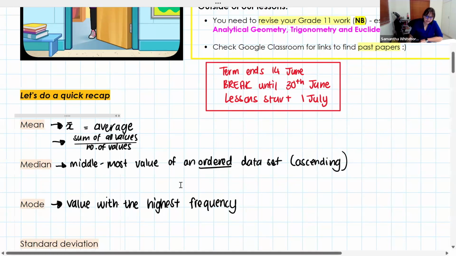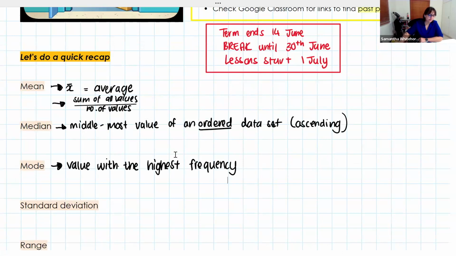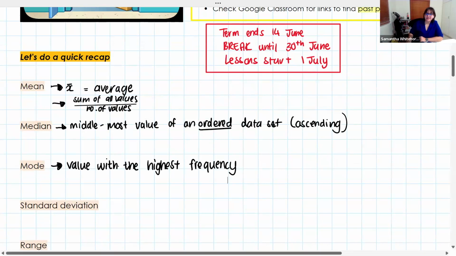Awesome. Does anyone know what standard deviation is? We work with it, but what is it? Okay, so I expected this.